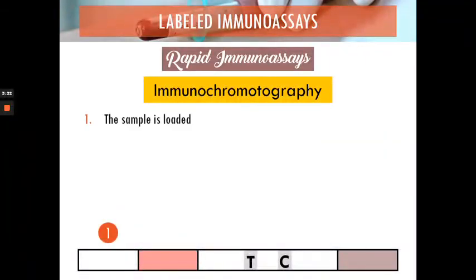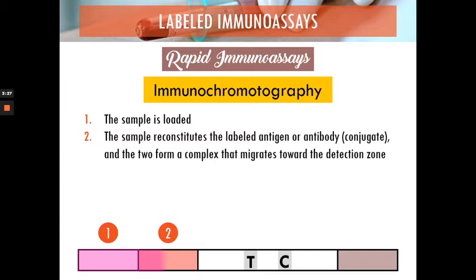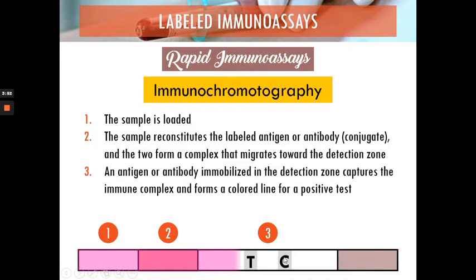For the overall flow, first the sample is loaded in the sample pad, and the movement is from one to here. The sample then goes to your conjugate pad, which reconstitutes the labeled antigen or antibody, depending on what you want to detect. They then form a complex that migrates towards the detection zone, which is either the T or C. An antigen or antibody, depending on what you want to identify, is immobilized on the detection zone, meaning it is waiting there, no longer moving.